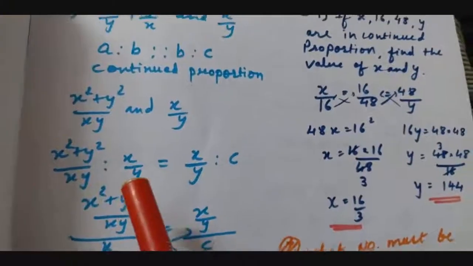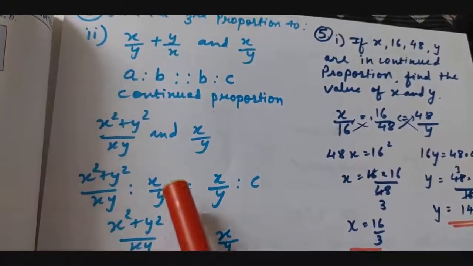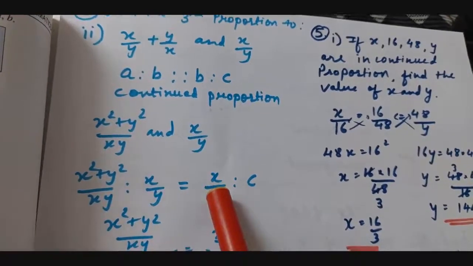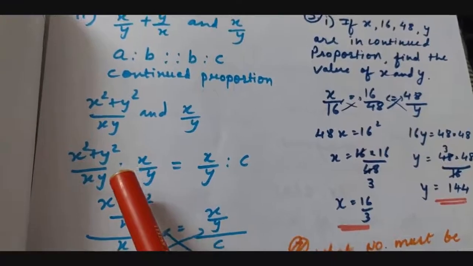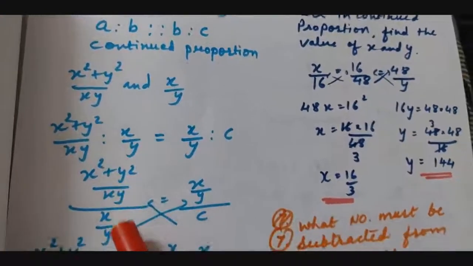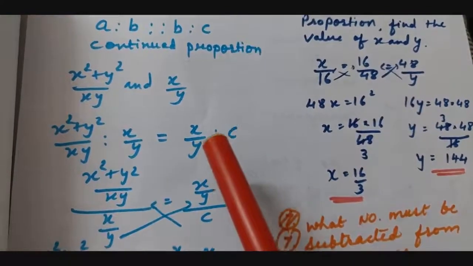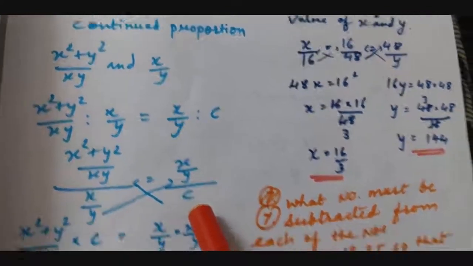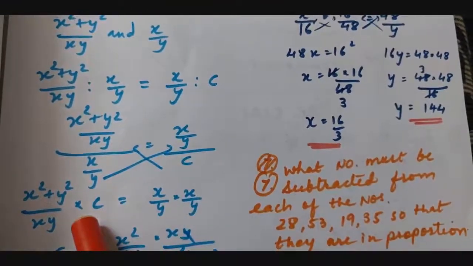Now I write it as in continued proportion. This is my A ratio B, B ratio C. Now as this ratio can be written as division, so this term divided by this term, divided by this term. Now taking cross multiplication, we write like this.